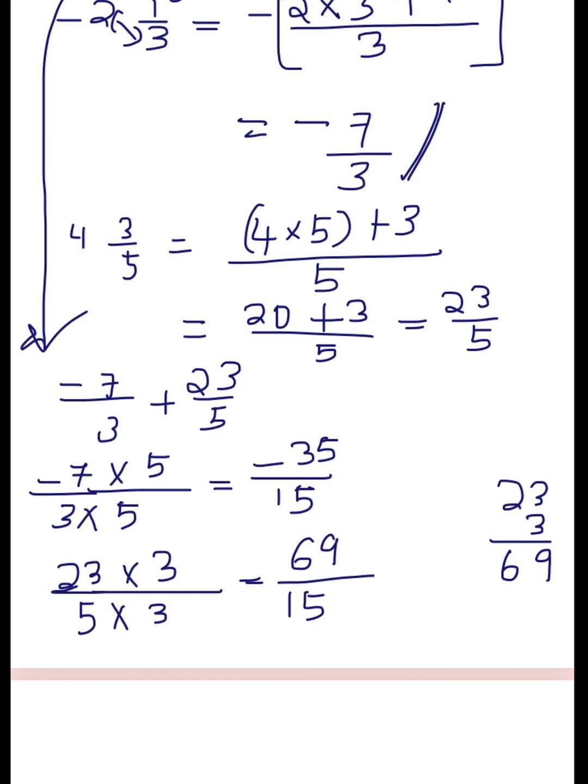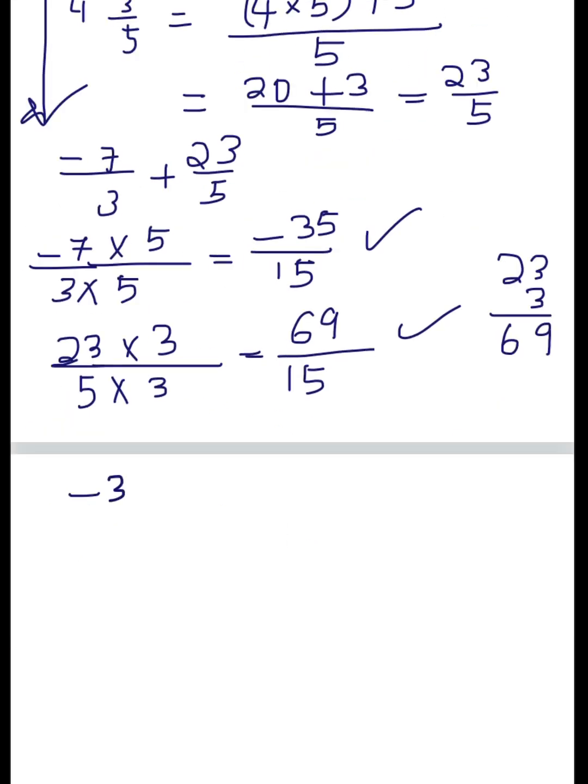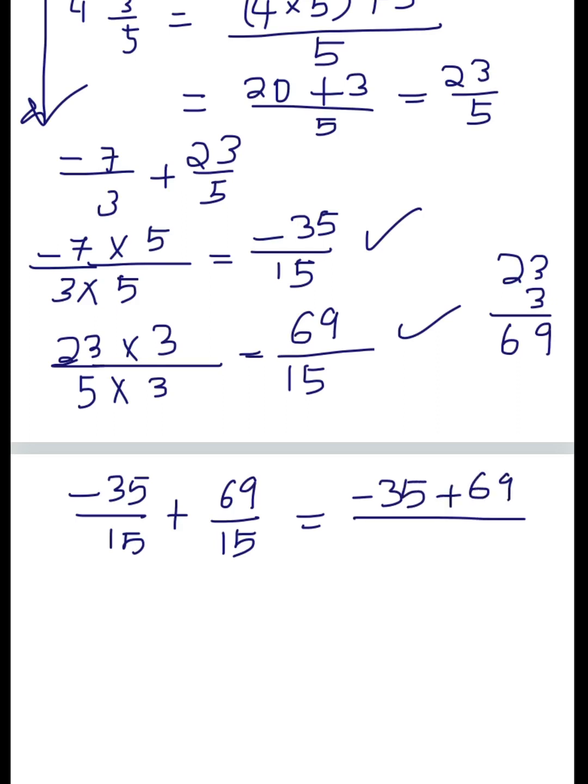So now you have got two numbers with the same denominators. That is minus 35 by 15 and 69 by 15. So let's do that. That is minus 35 by 15 plus 69 by 15. So you have to just add them. Minus 35 plus 69 and put the same denominator, which is 15.